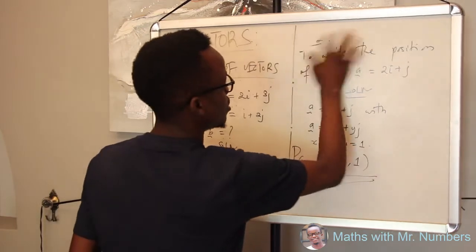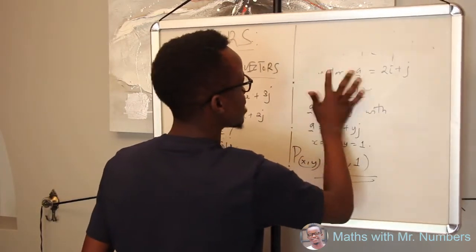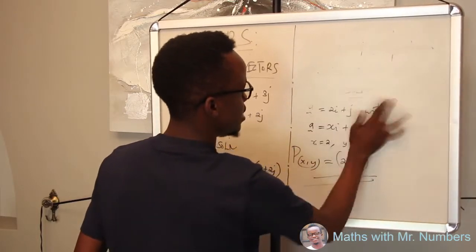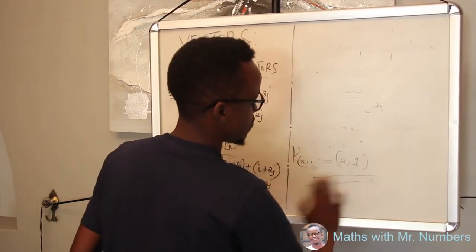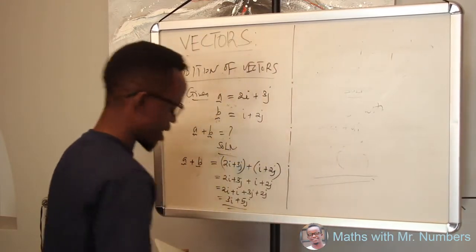Let's discuss subtraction. How are we going to subtract two given vectors? Under subtraction of these vectors, you also have to apply brackets.